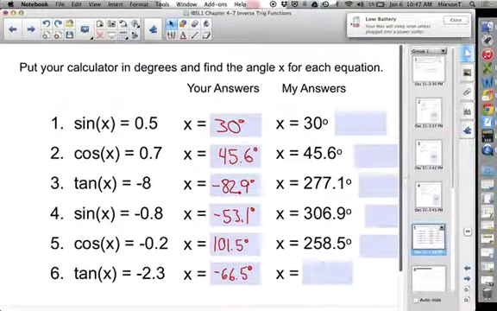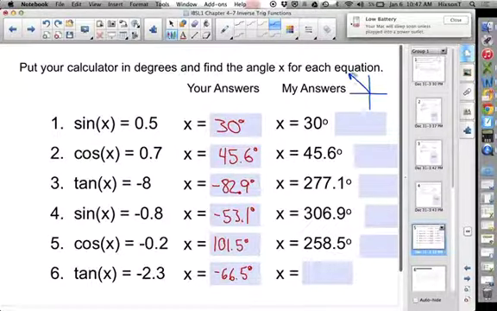Wouldn't it have to be a negative 2? Well, no, because think about where cosine is negative. In the second quadrant, there's 101.5, and it's also negative in the third quadrant. There's the 258.5.